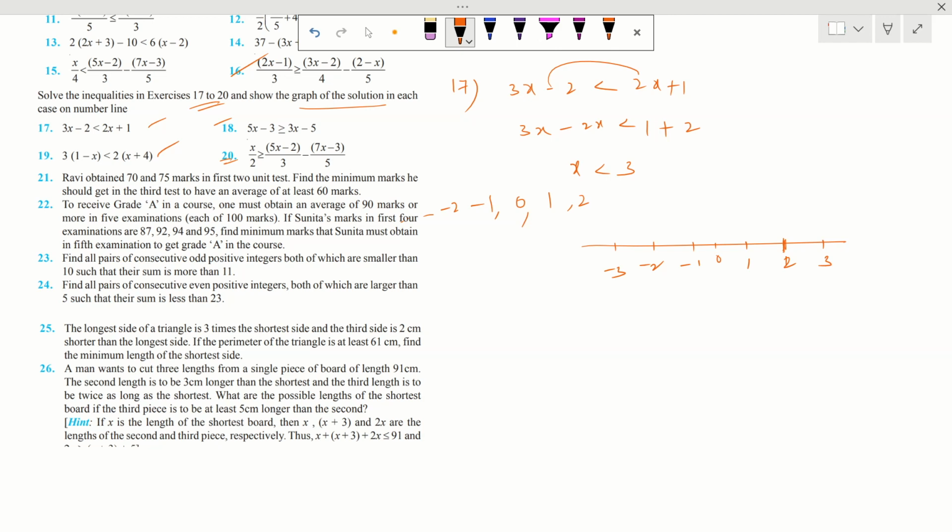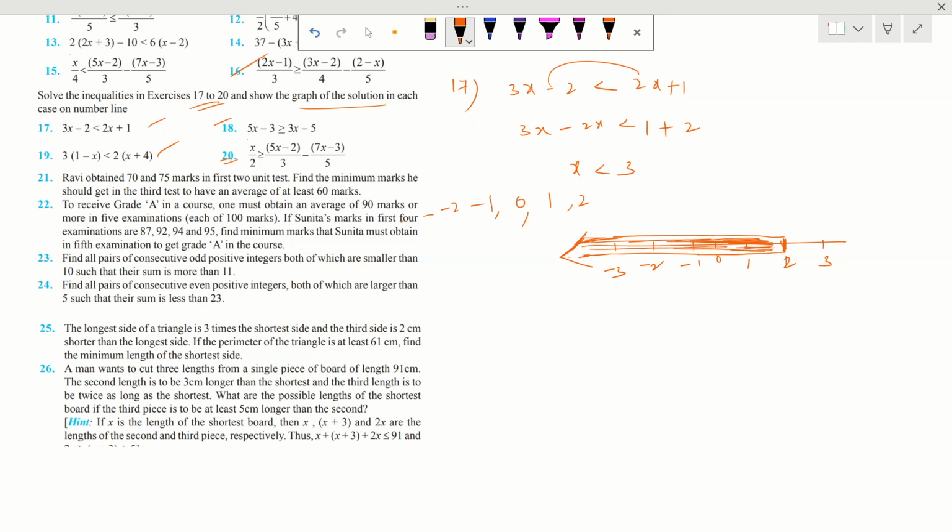I will take a line up to 2, above the line and below the line, and this goes on continuing. I will write this as an arrow mark symbol, and highlight this part with a shaded color.